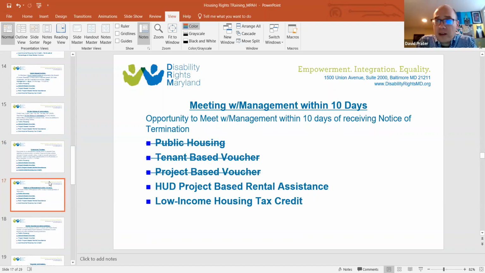This is another right that residents of some subsidized housing have, which is a meeting with management within 10 days of receiving a notice of termination. Now, unlike that formal grievance process that public housing residents have, a meeting with management is less formal.